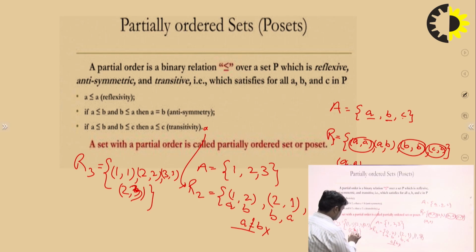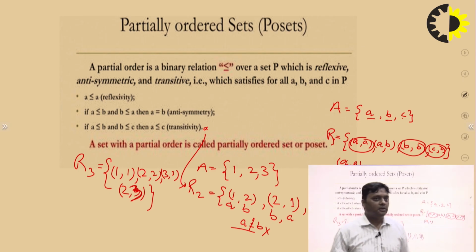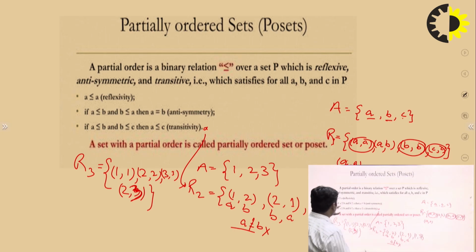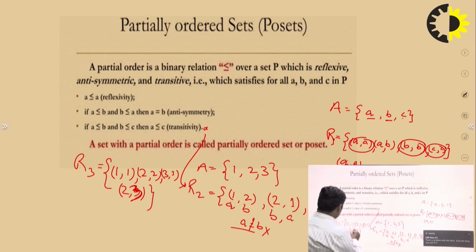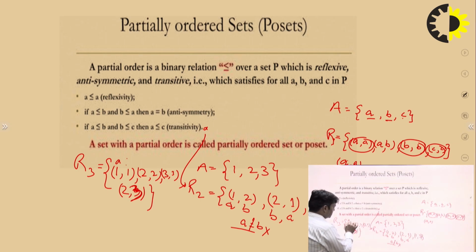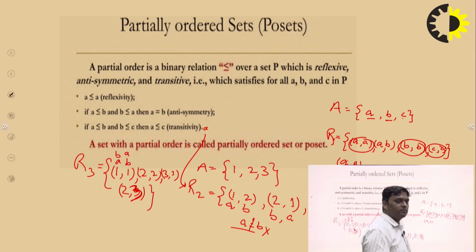We check that (A, B) belongs to R and (B, A) belongs to R. If we take it as A or as B, both are equal.